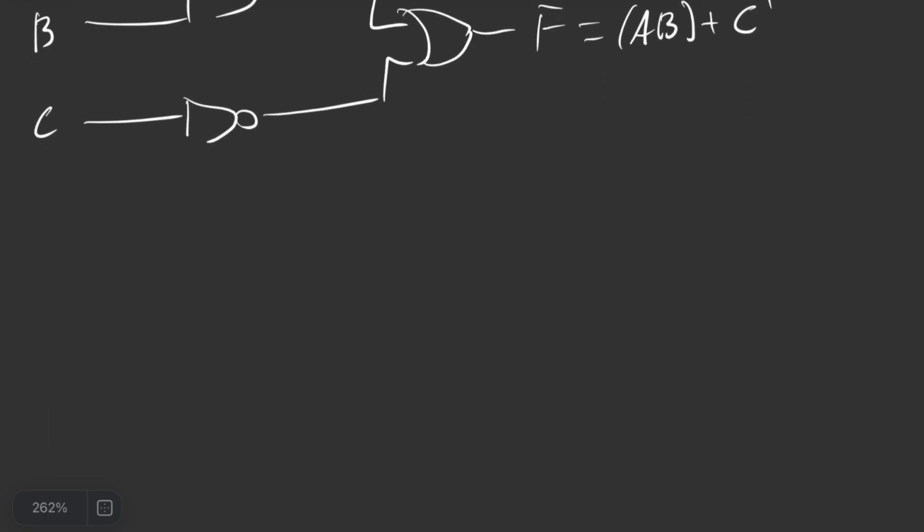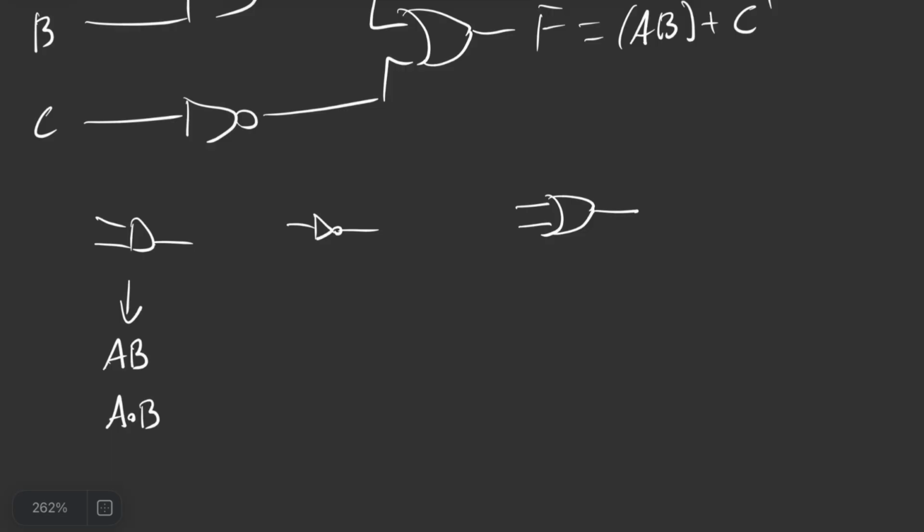What is the simple notation for Boolean algebra? If you watched my previous video, you would know what an AND gate is, a NOT gate is, and an OR gate is. In Boolean algebra, AB or A and B represents our AND gate.